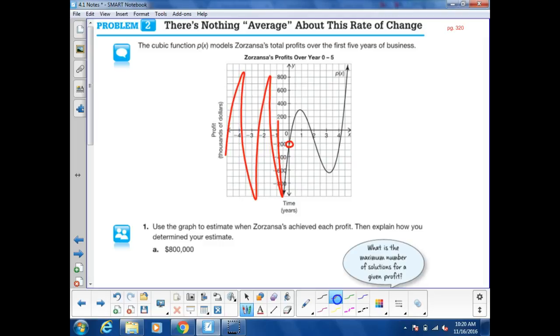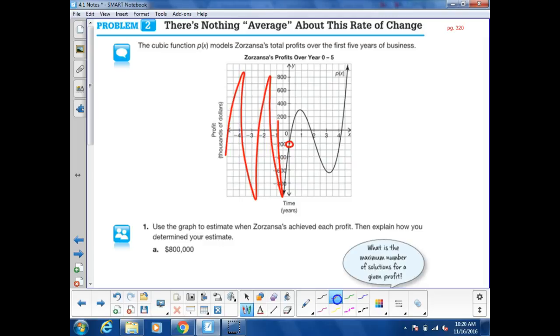So can we have negative profits? Yeah, because we're spending more than we're making. So that's good. I'm okay with that section below the x-axis. Luckily for Zorzanza Zen of Pizza, we rebounded and then we started making money.